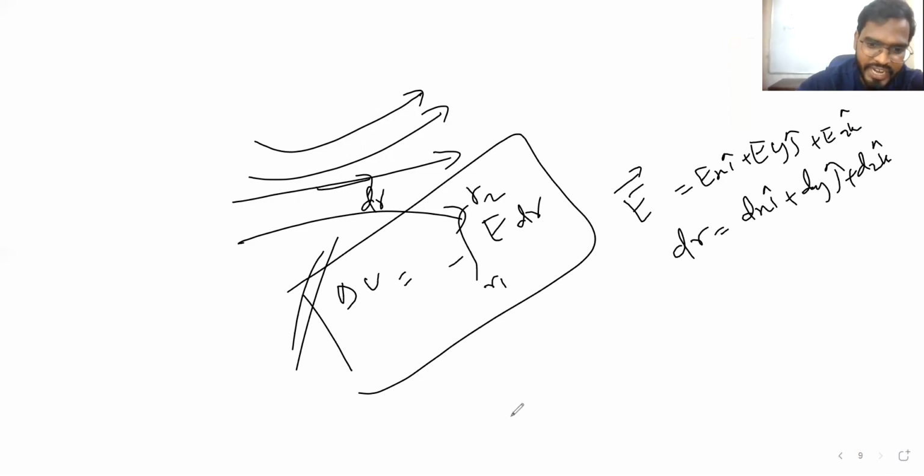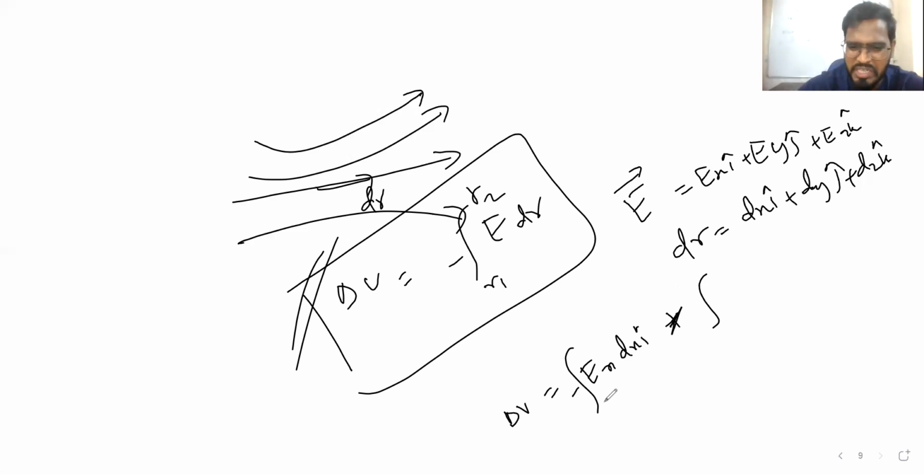Then we can write delta V is equal to what? Minus of Ex dx, R1 to R2, and then minus of Ey dy, R1 to R2.